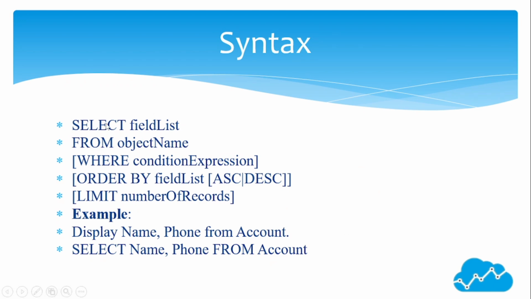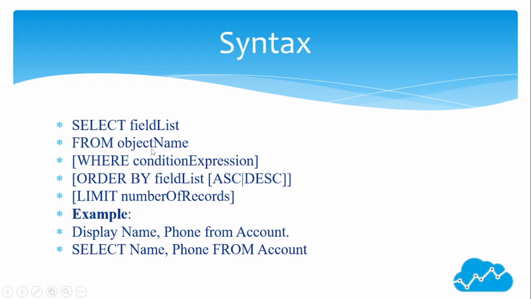Syntax: select field list. How many fields are we going to provide? We have to put them here, from object name. The object name may be a standard object that Salesforce provides, or a custom object we created as per our business requirement.